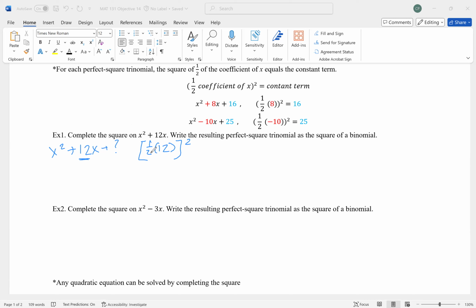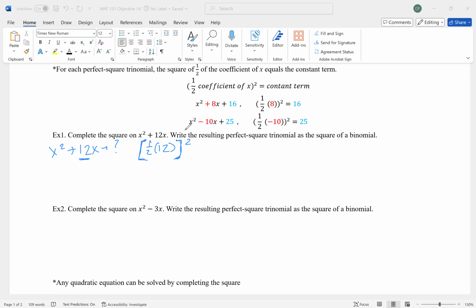So I have 1/2 times 12, and then I'm going to square it. If you write it with the brackets, it may help. You want to make sure that you square it after you multiply it by 1/2, okay? You don't want to square it and then multiply, okay?